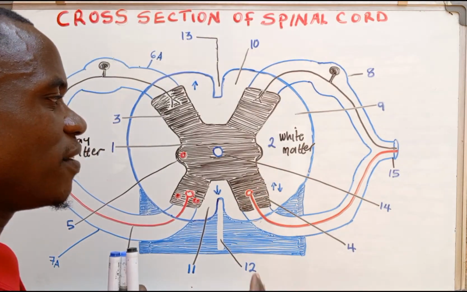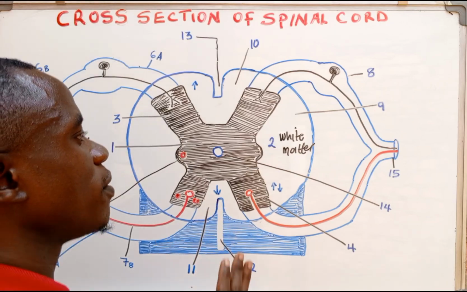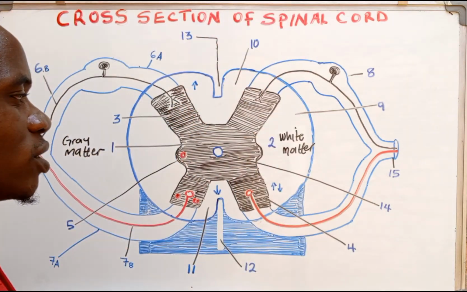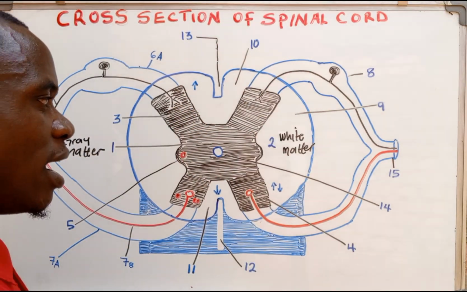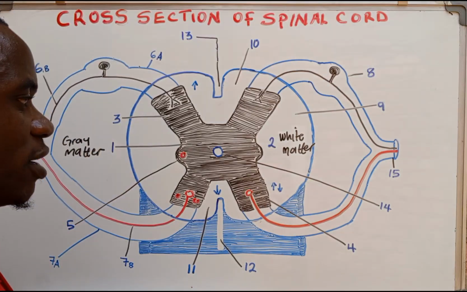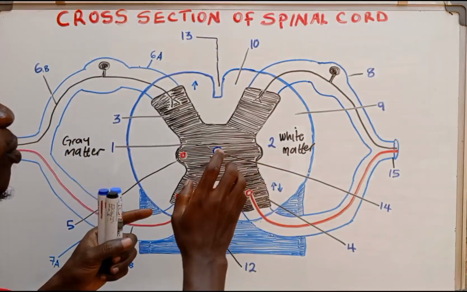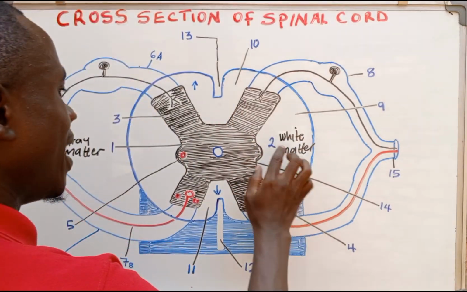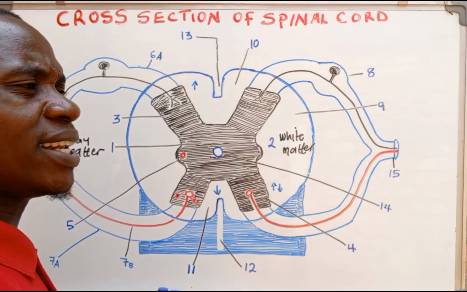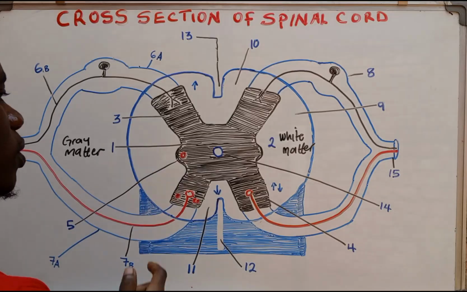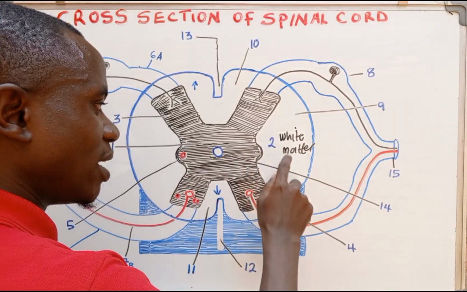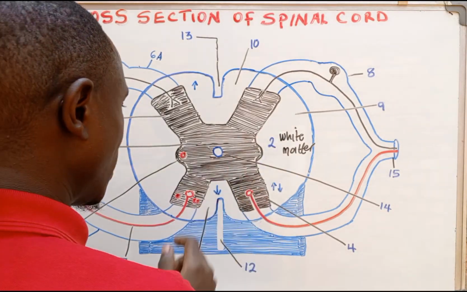You're going to be having different axons which are going to be moving up and down. We shall see them later in the dorsolateral and the ventral columns. So we have generally the white matter and the gray matter. We shall come later in detail and see what is contained in the gray matter and the white matter.